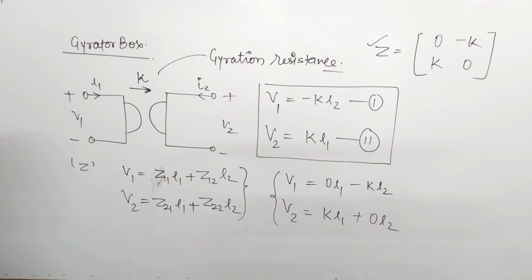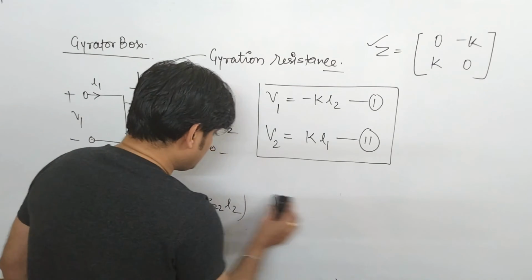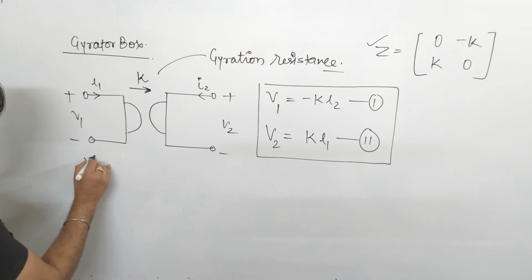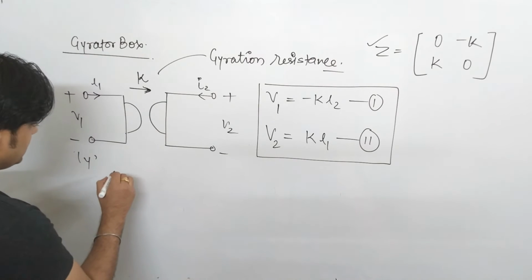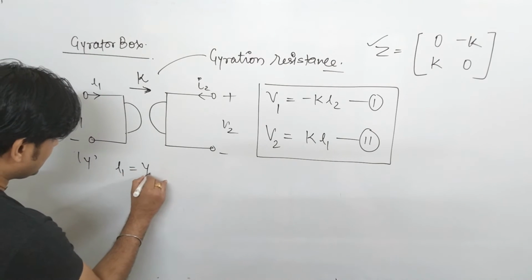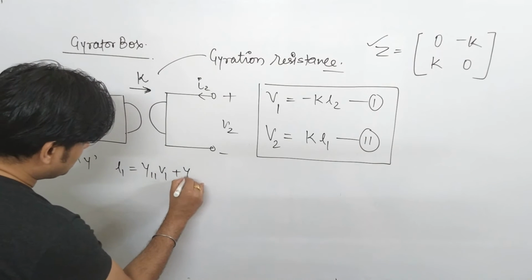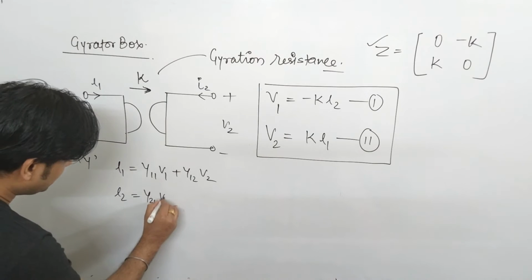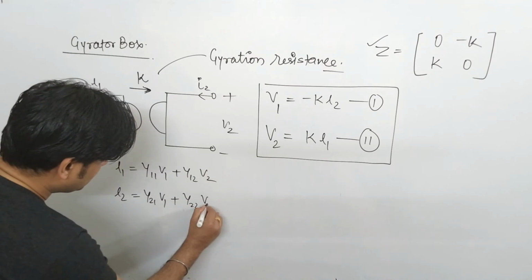Okay. Now if I rearrange this equation, please see, for Y parameters. Should I write the equation for Y parameters as I1 is equal to y11 V1 plus y12 V2, and I2 is equal to y21 V1 plus y22 V2.